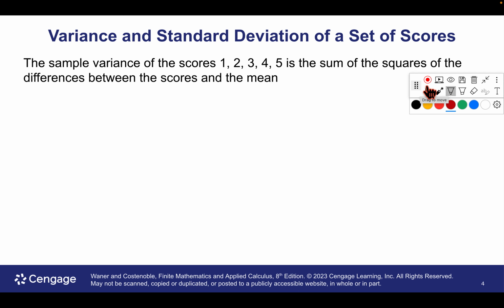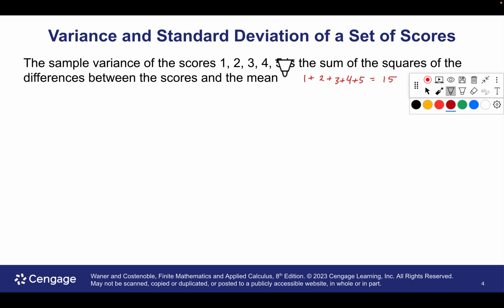Sample variance of the scores 1, 2, 3, 4, 5 is the sum of the squares of the differences between the scores and the mean. So again, the first thing we need to do is calculate the mean. How do we calculate the mean? Well, we add them all together, and that gives us 15.